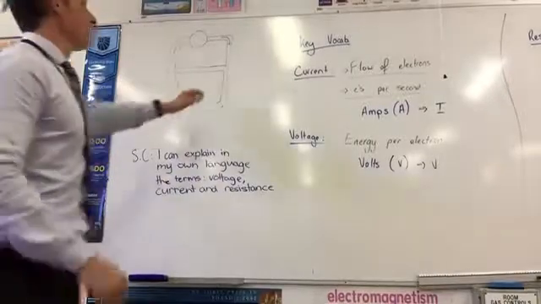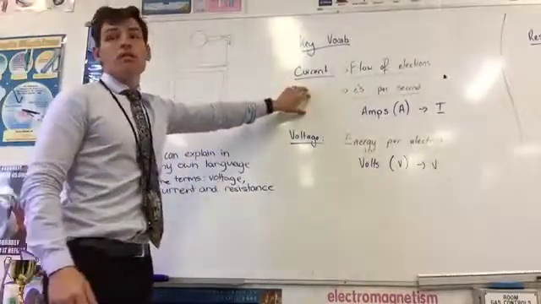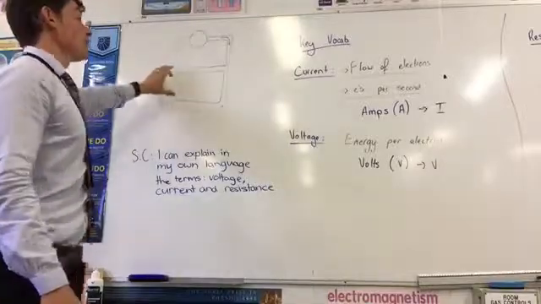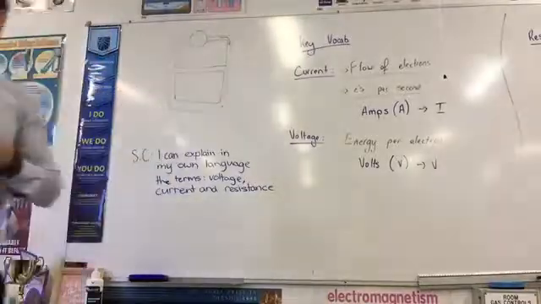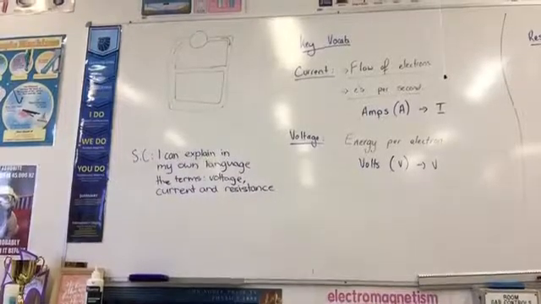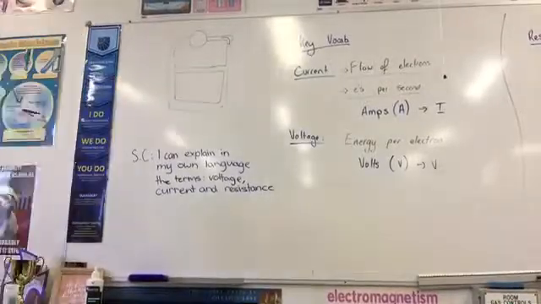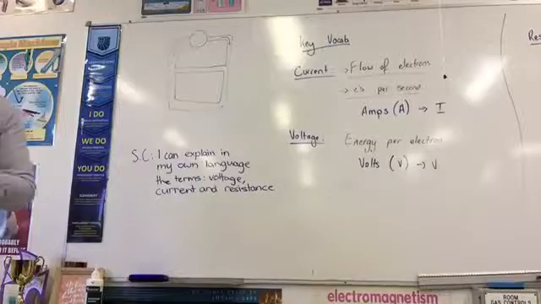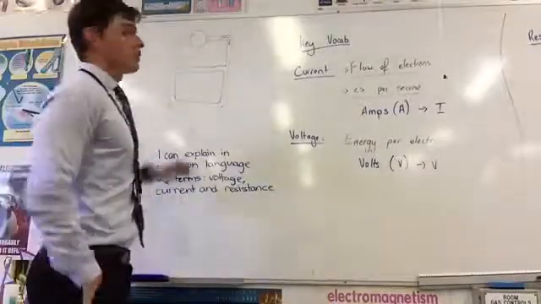So the amount of current inside a circuit is constant the whole way around, except for at points where it branches, in which case if you add up the current in all of those branches, it will equal the total current. Okay. Cool?